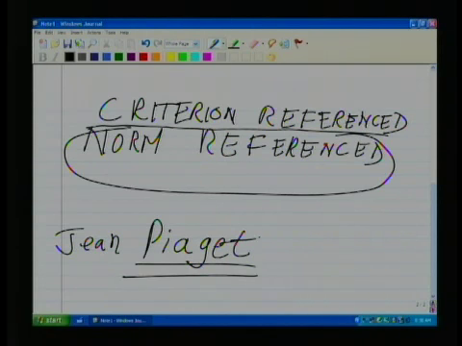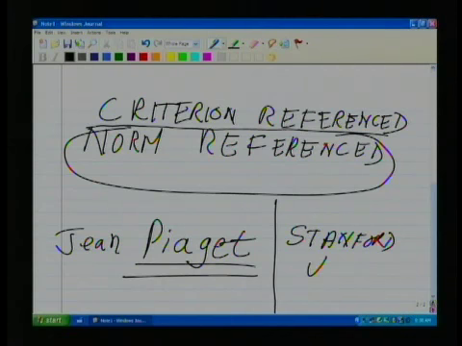Okay? And there was another group of psychologists from America who came from Stanford University. And this was the Great Divide, okay?